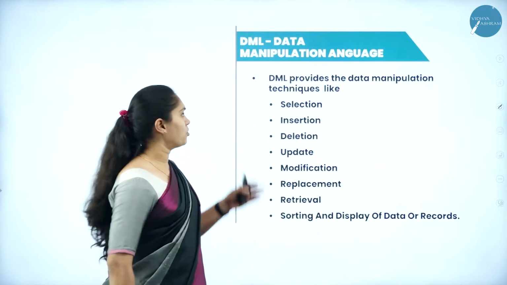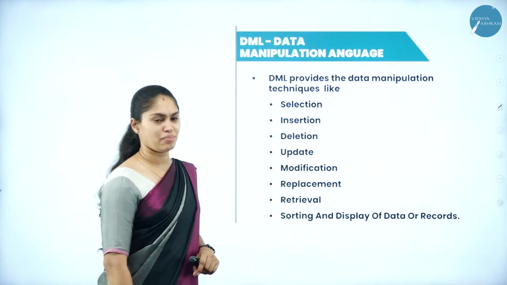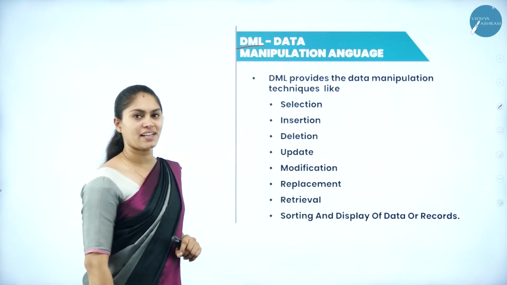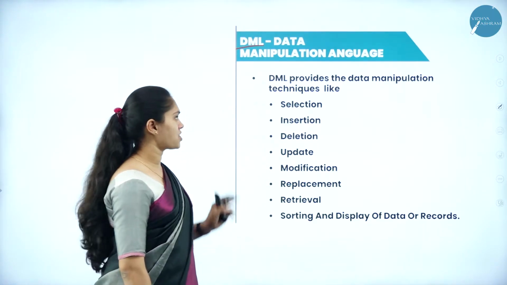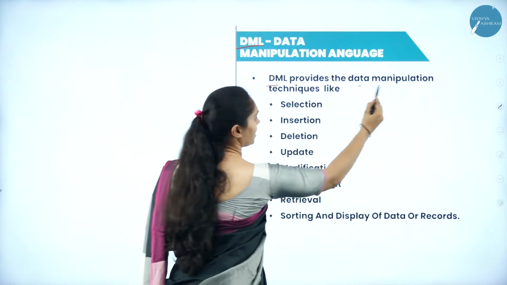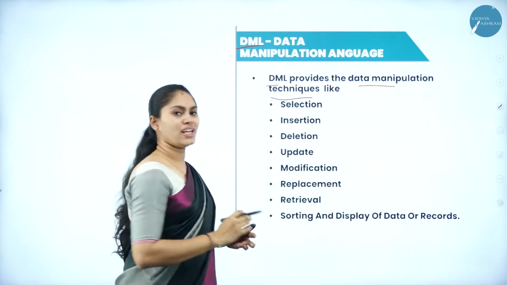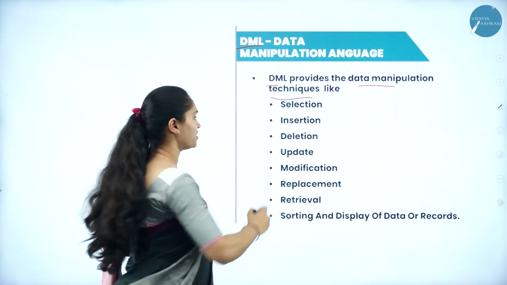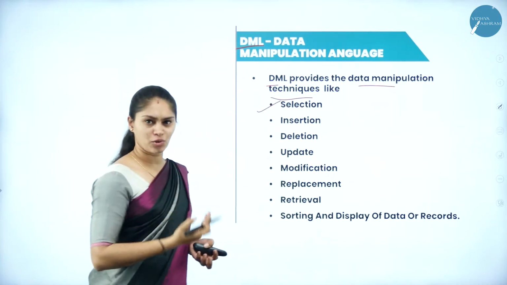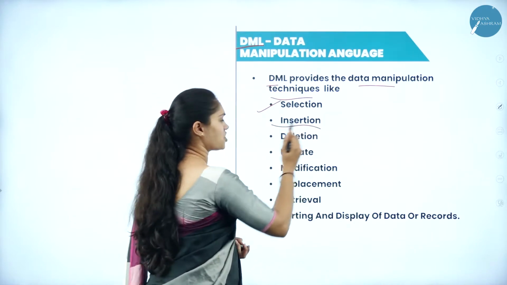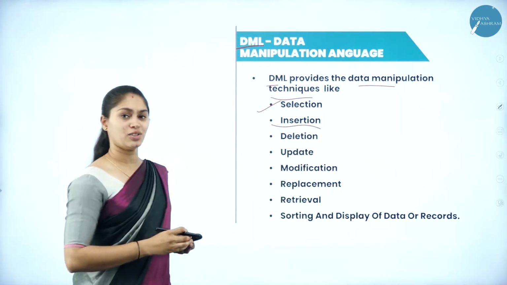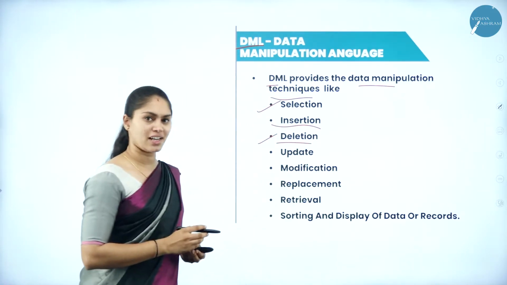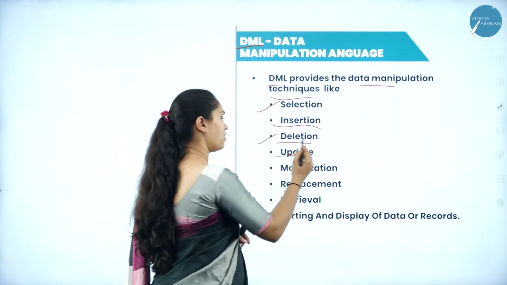So now we'll see about the second type, that is data manipulation language. In short, it will be termed as DML. This DML provides the data manipulation technique. What are the manipulations? That means what are the changes we can do? With the help of selection, I can select one or two rows, and I can do insertion. That means we can add new content to the existing table, and also we can delete the existing content from the table or a relation, and we can update.